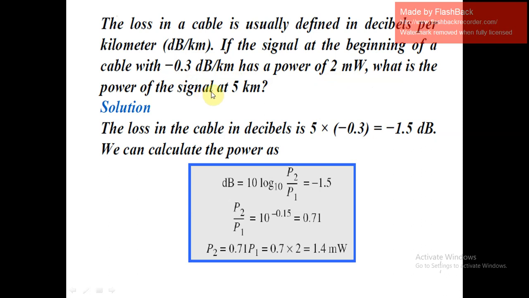What is the power of the signal after 5 kilometers of distance? We know the cable loss is 0.3 dB per kilometer, so after 5 kilometers you have a loss of minus 1.5 dB. With this minus 1.5 dB, and knowing that P1 is 2 milliwatt, you calculate P2, and the answer is 1.4 milliwatt.